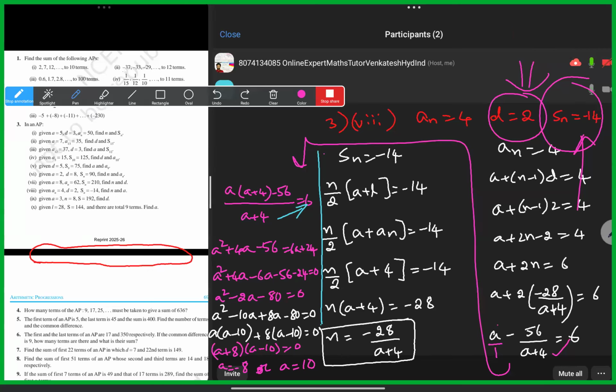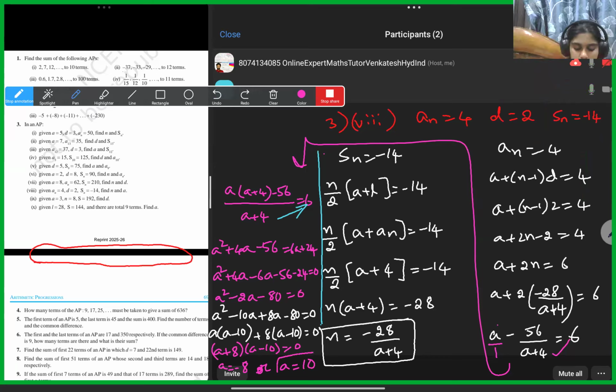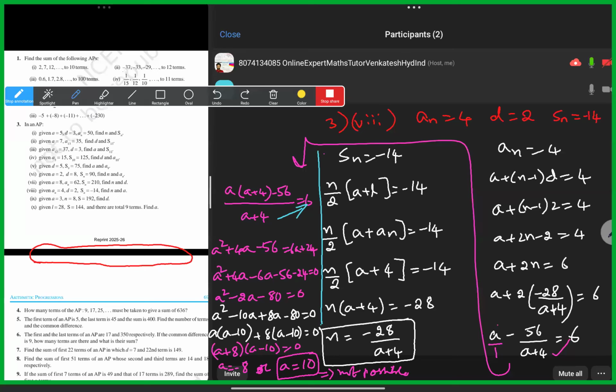If a is minus 8, then only there is a possibility of getting sum as minus 14 for some number of terms. So a equal to 10 is not possible. We will take only a equal to minus 8.